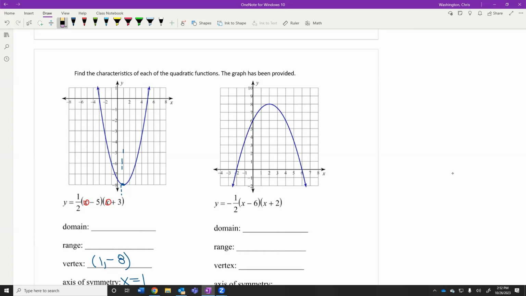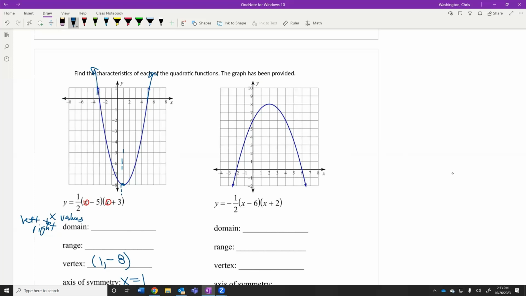Looking at a graph, the domain is going to be the x values from left to right. So think about what the smallest x value on the graph is, which is going to be way over here on the left, and what the biggest x value on the graph is, way over here on the right, and whether all the x values in the middle are also included. This graph is going up on both sides, but as it goes up, it's getting wider, and it's never going to stop getting wider.